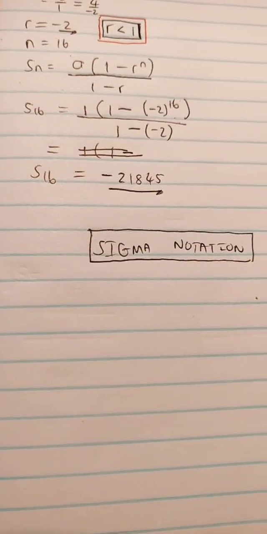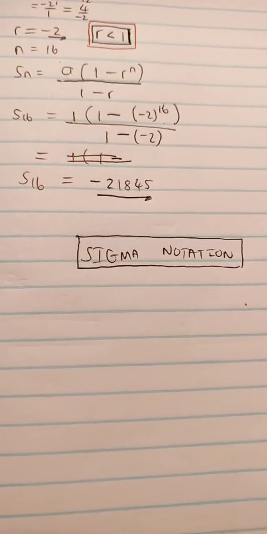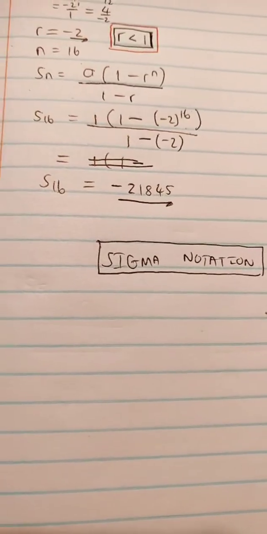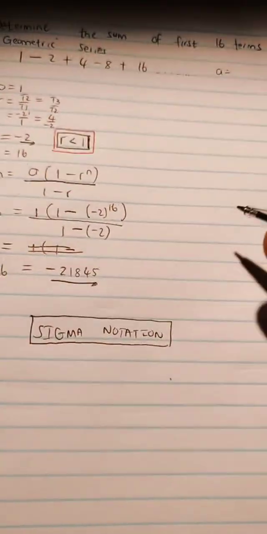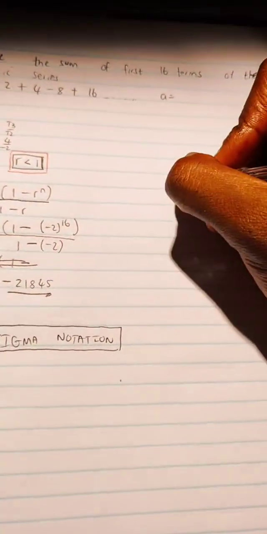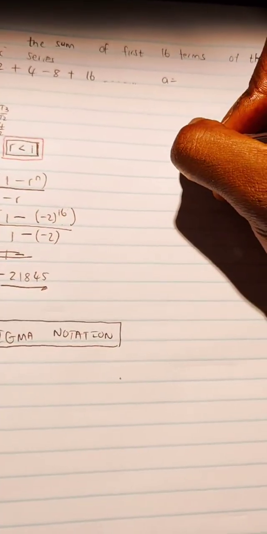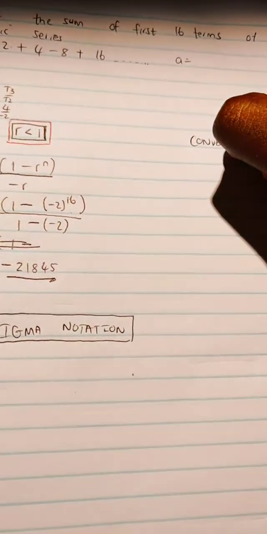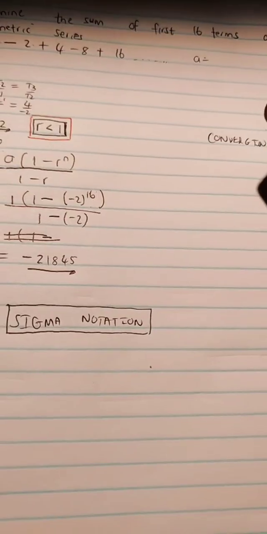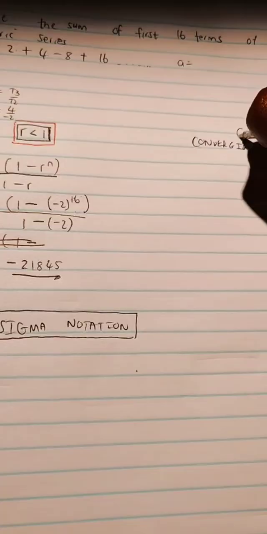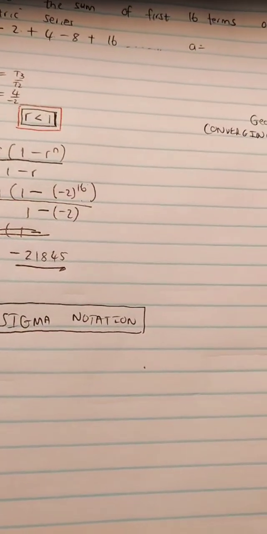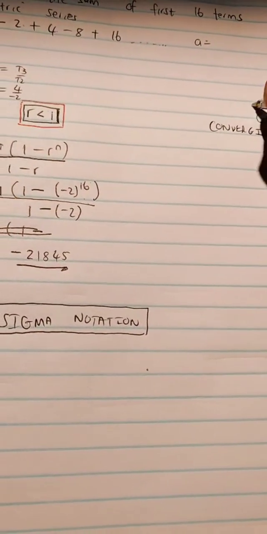Are we together? Oh, okay, I see you there in the comment section. Khulekani Ndlovu is asking about the constant ratio. What you are specifically talking about is what we call a converging geometric series.